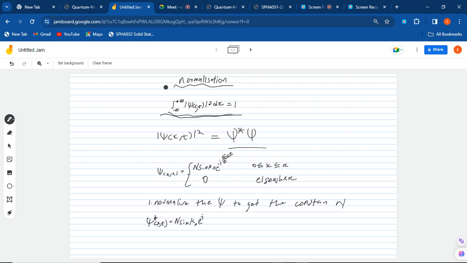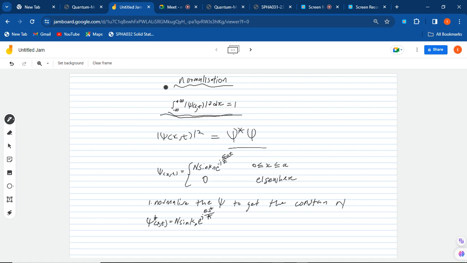Now you can see what is happening: here it was minus, but in here it's going to be plus.